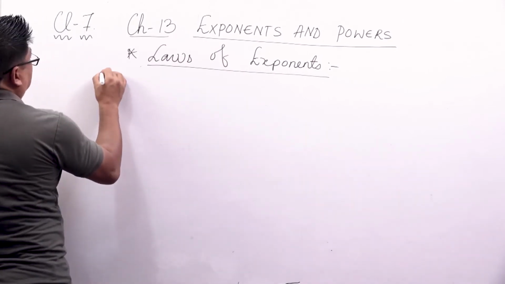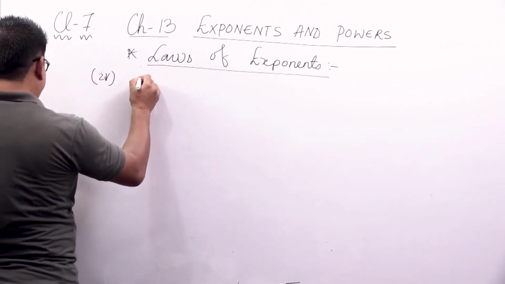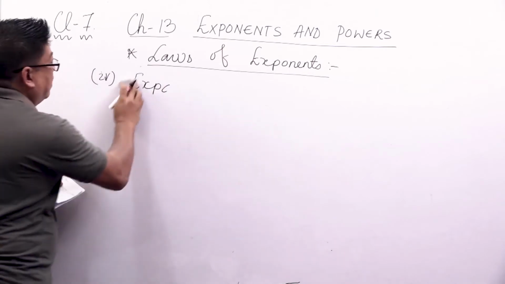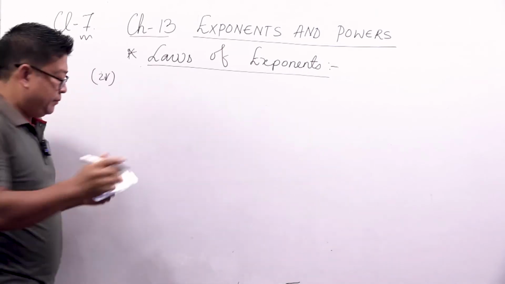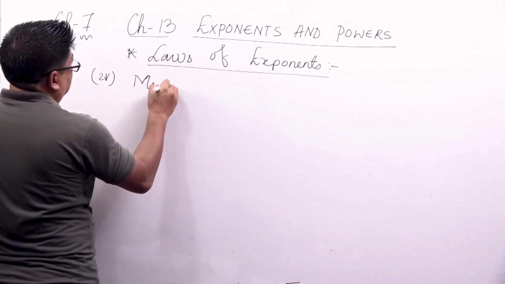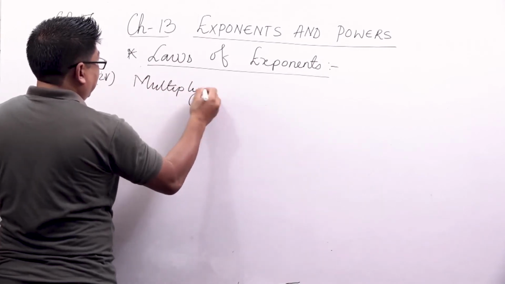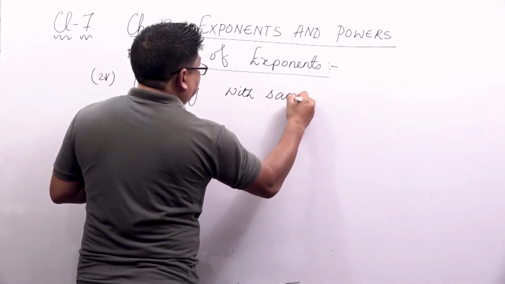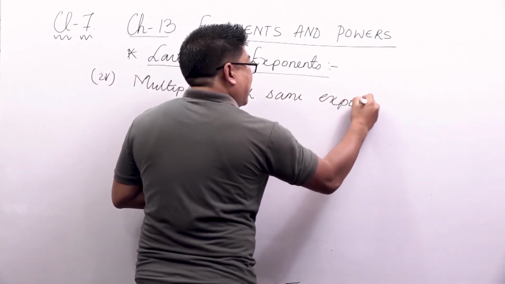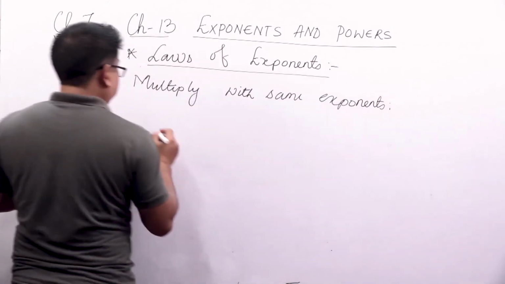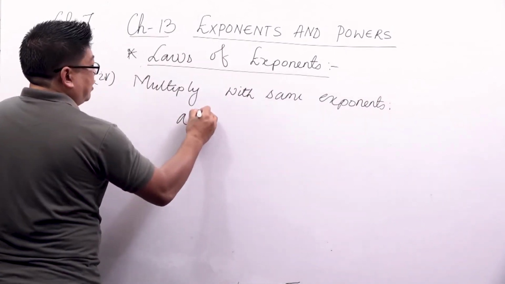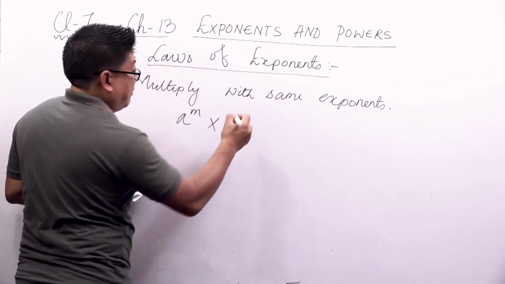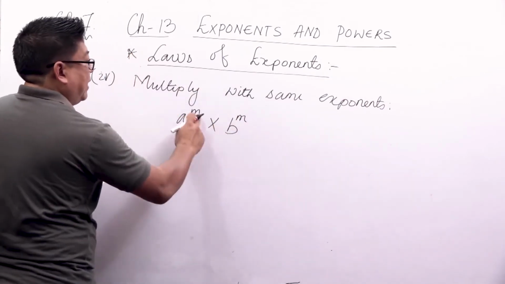Now, the fourth law that we are going to learn today is exponents multiplying with same exponent. Now earlier it was base, now it is exponents. So if I have a to the power m, and now base is different, but exponent is same, so both powers will be m.